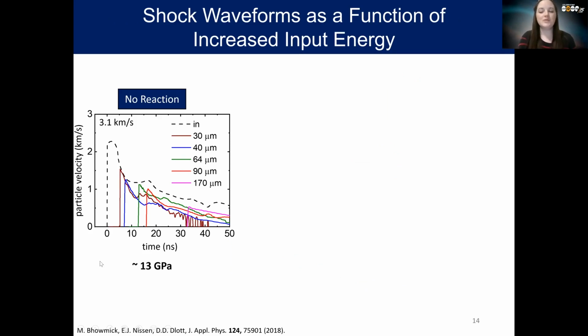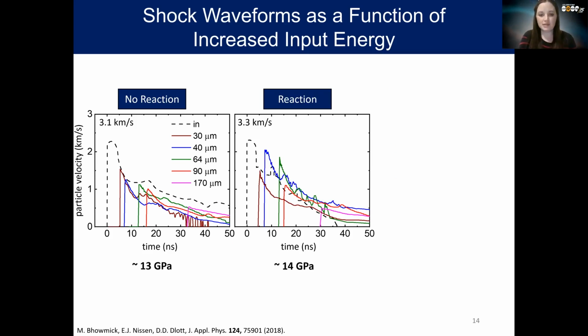But what we can do is we can increase the power of our laser, increase the energy that we're inputting into the system to 14 gigapascals, and that's where we see our threshold. This is our ignition threshold. And we see here that we have a reaction. And we know that because, here in maroon, we're absorbing some of that input energy, but then there's a large increase in energy in the particle velocity in the system.